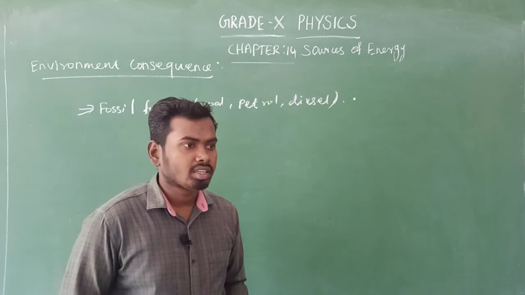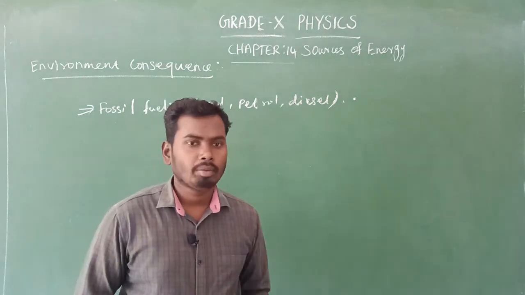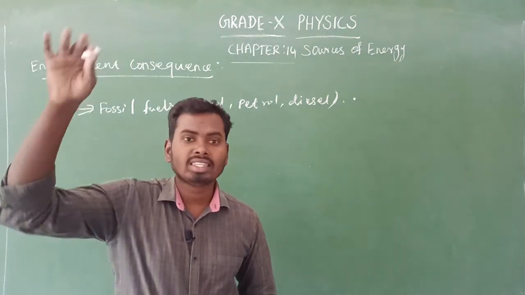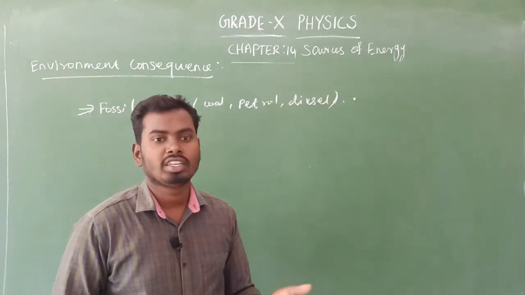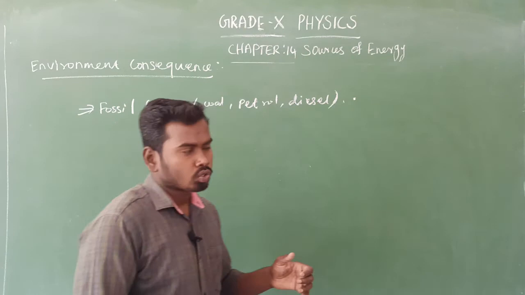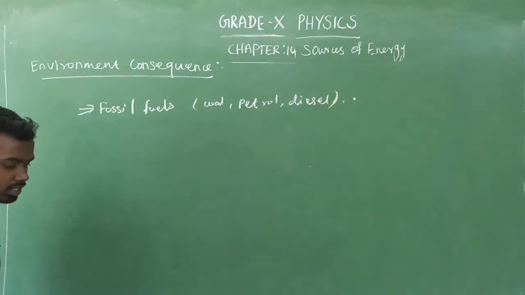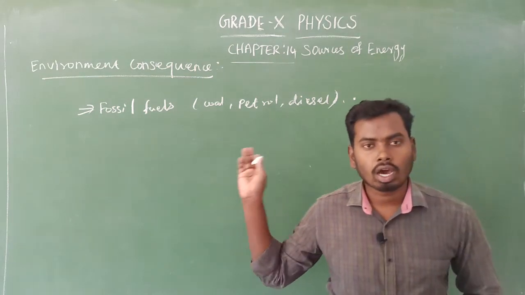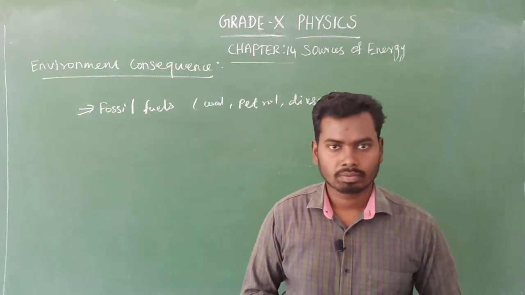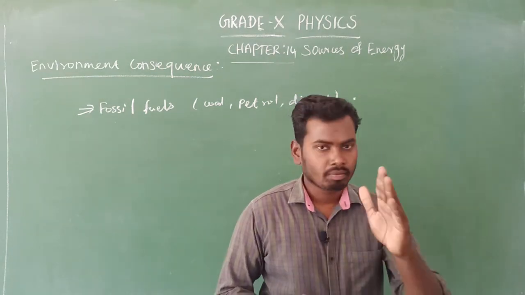Then sulfur dioxide and carbon dioxide lead to acid rain, which is harmful to crops and vegetation. So the burning of fossil fuels is harmful to our environment. They are polluting our environment. Is it right or wrong?